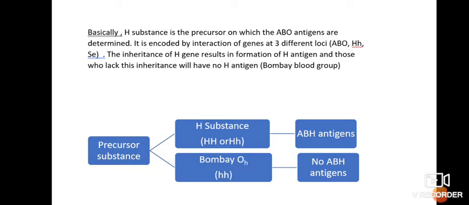The inheritance of the H gene results in the formation of H antigen. If it is capital H, capital H small h, then it will be inherited as H substance. But if there is small h, then those individuals are called Bombay blood group individuals. So these Bombay blood group individuals do not have H antigen. Since there is no H antigen, they cannot form any other antigens like A and B. So that is the basic concept.